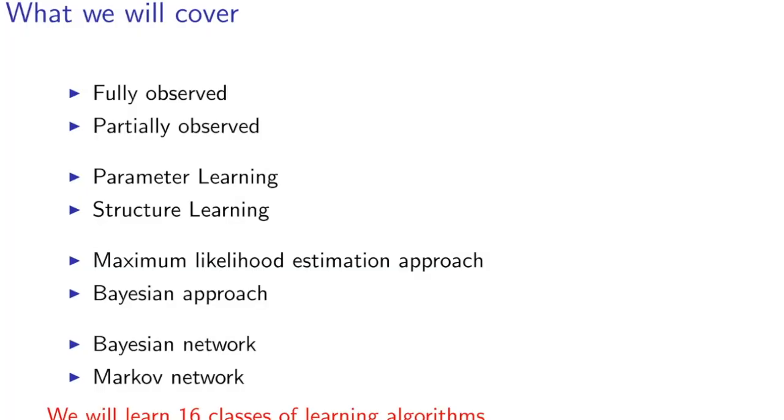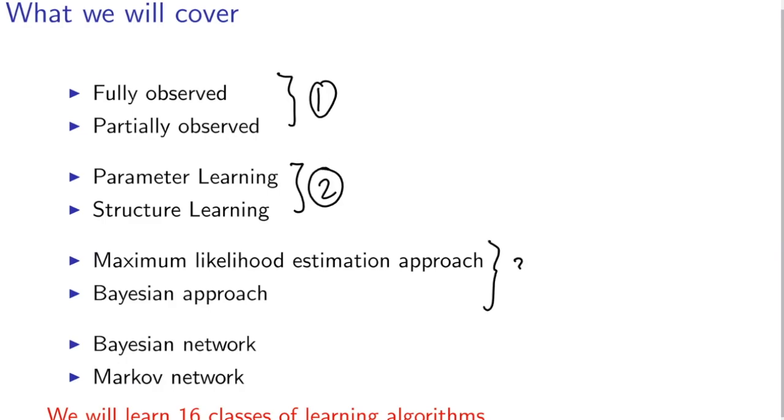In this course, we will divide the learning algorithms along 4 dimensions. This is dimension number 1, number 2, number 3, and number 4. The first dimension is the dataset types, and it takes 2 values, fully observed and partially observed.